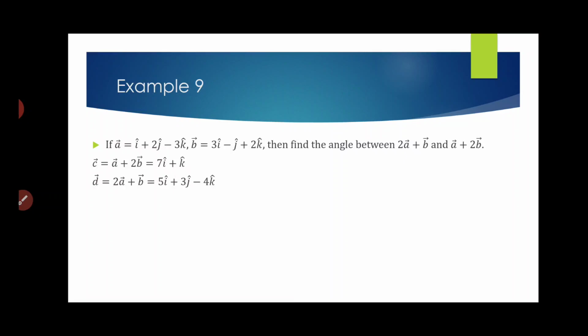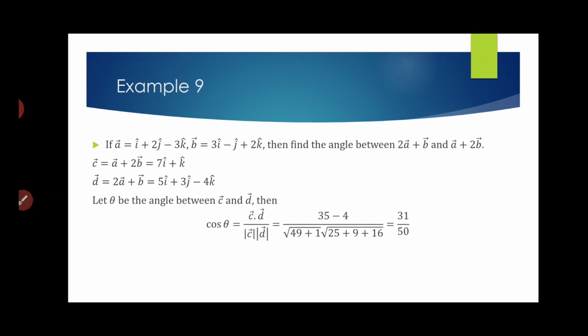Now, to find the angle theta, so let the angle theta be the angle between the two vectors C and D, which is basically 2A plus B and A plus 2B. So we know the formula.